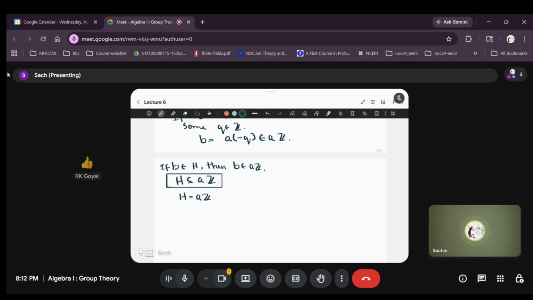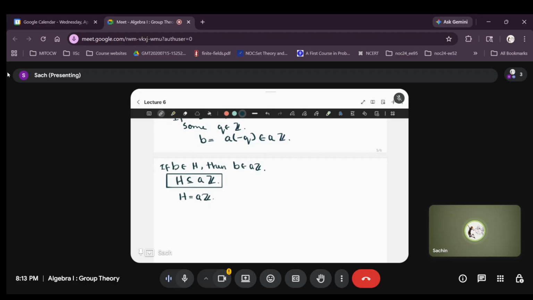Okay, you can go through the proof again later, no problem. The main takeaway is that every subgroup of Z can be written as multiples of A, that is, as AZ, where A is the smallest positive integer in the subgroup. Of course, that is disregarding the trivial subgroup.